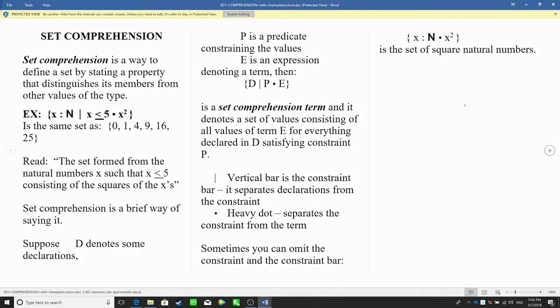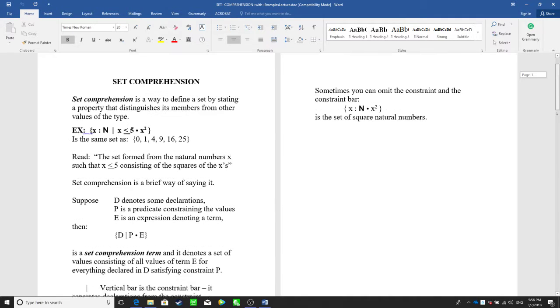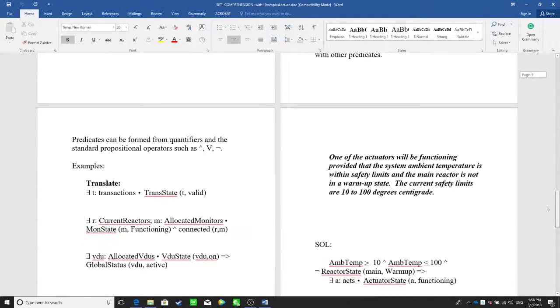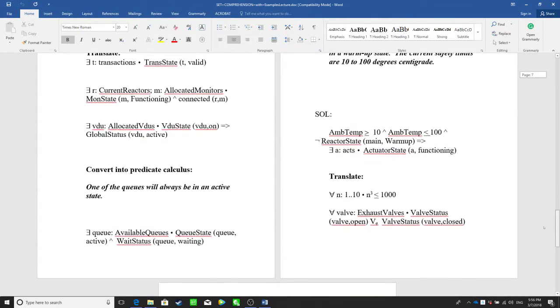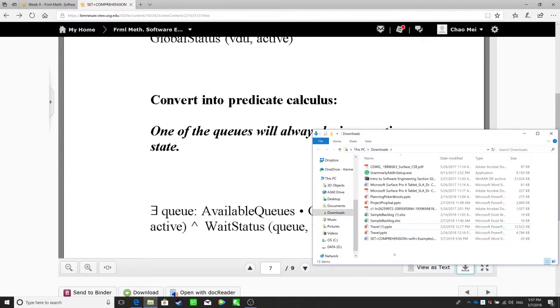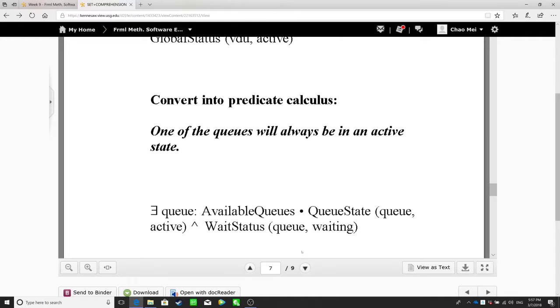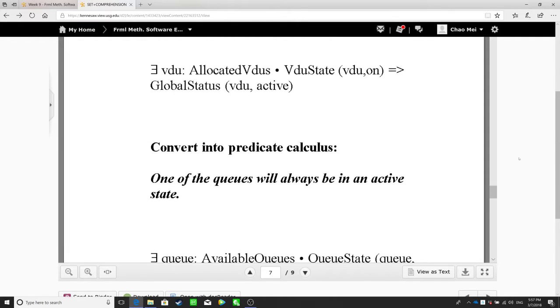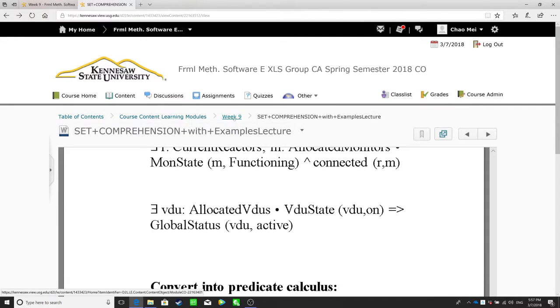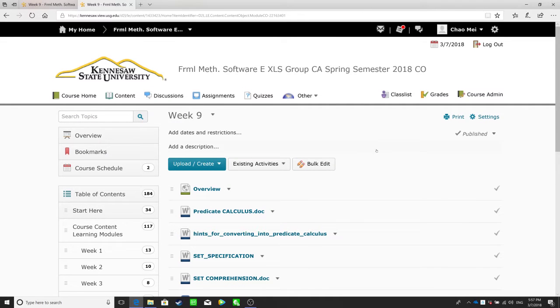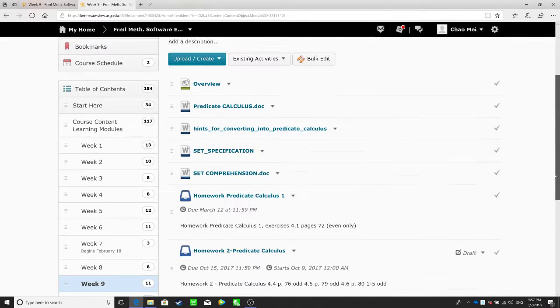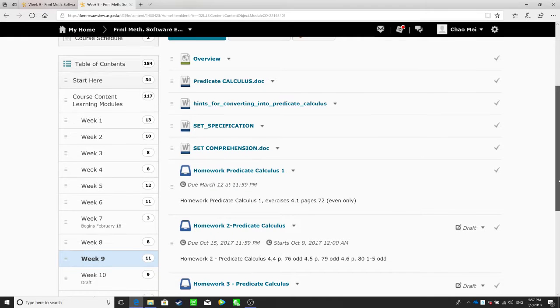Page 7. In case I forgot. Yeah, question?